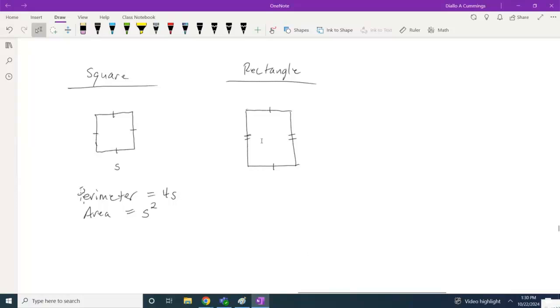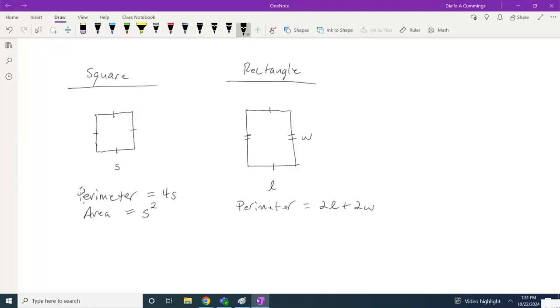So in a rectangle, we have the length and the width. Sometimes the width and the length change positions depending on what you're dealing with, but one side would be the length, one side would be the width. To find the perimeter, you would simply multiply twice the length plus twice the width.